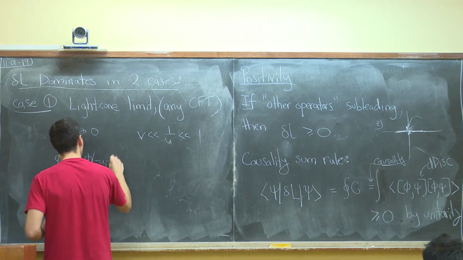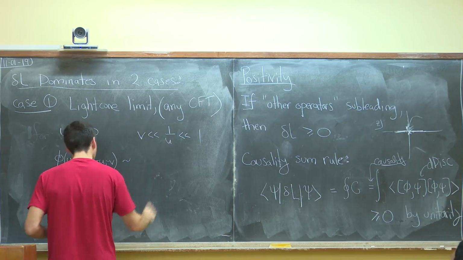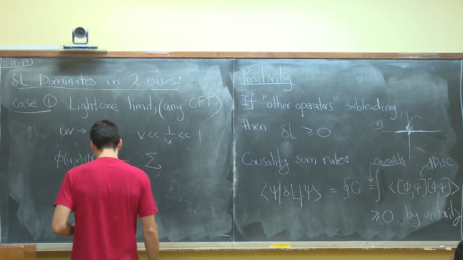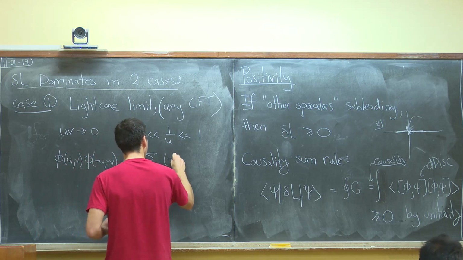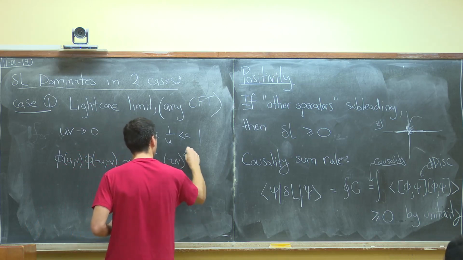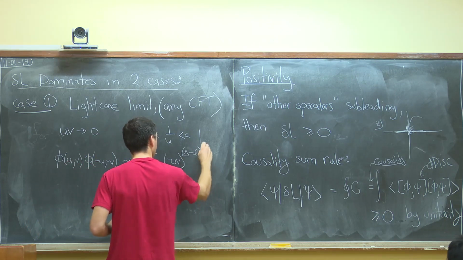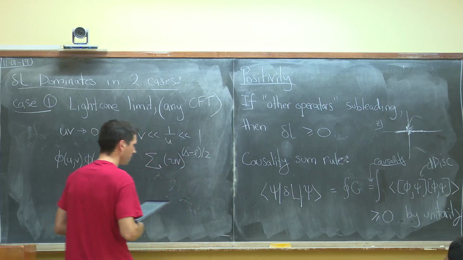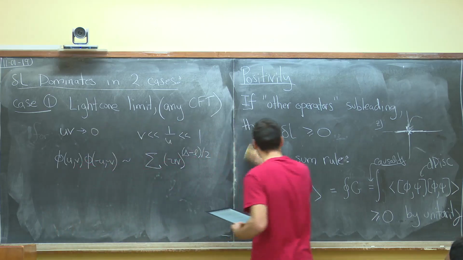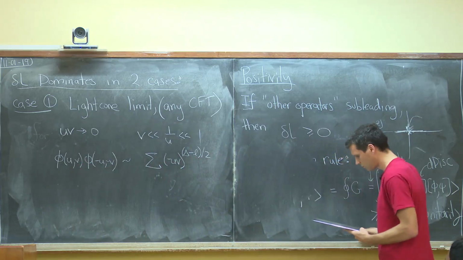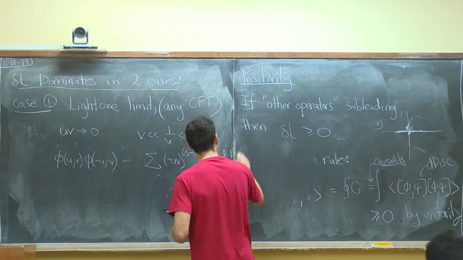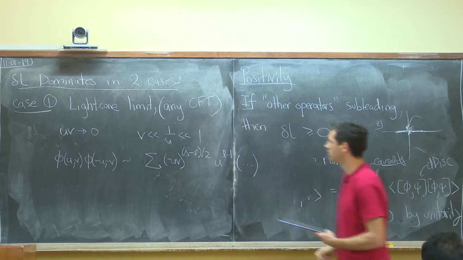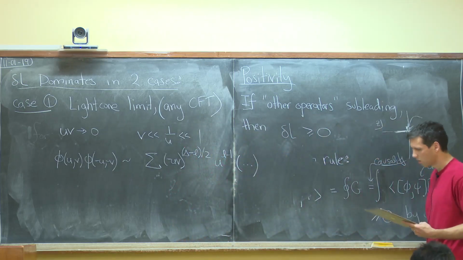So why does it dominate? In the light cone limit, the OPE is a sum of terms that look like this: minus UV to the twist, (delta minus L) over 2, times U to the L minus 1, times other things that I won't write.